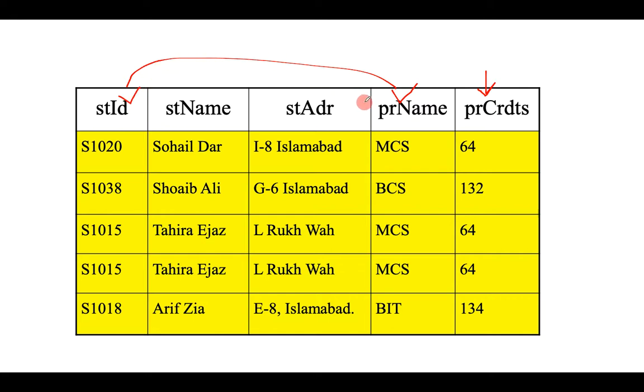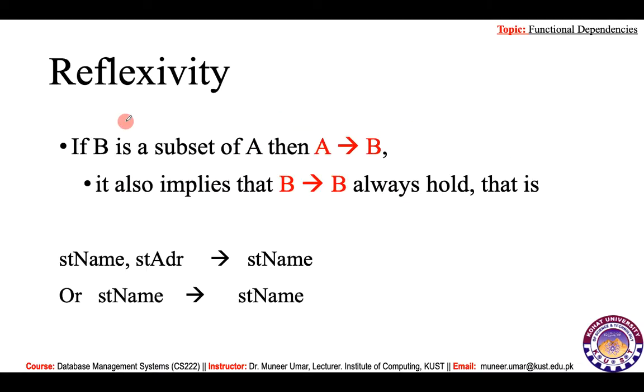So this composite can be called A, and we can say, according to the rules, that the student ID plus program name can determine student ID, or the student ID plus program name can determine program name. So this composite can determine its parts. Similarly, the student ID can also determine itself according to the first rule, that is reflexivity.